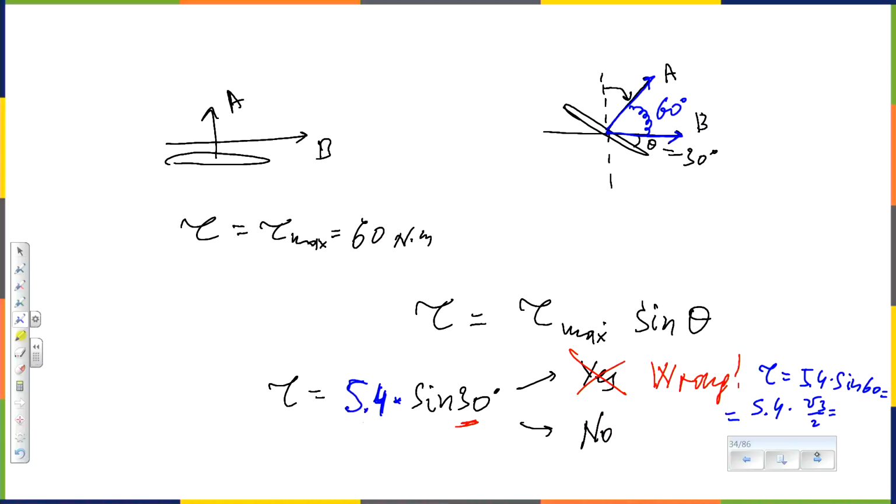Please, tell me the number. 4.67 Newton times the meter. So of course it should be less than maximum. When we turn away from maximum, we decrease torque gradually to 0. So this is something in between.